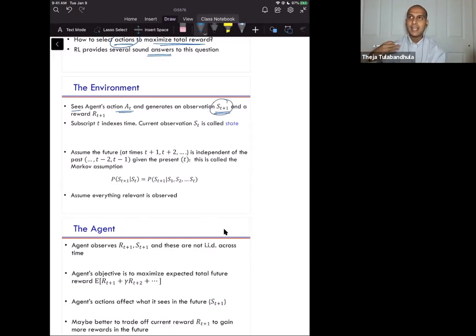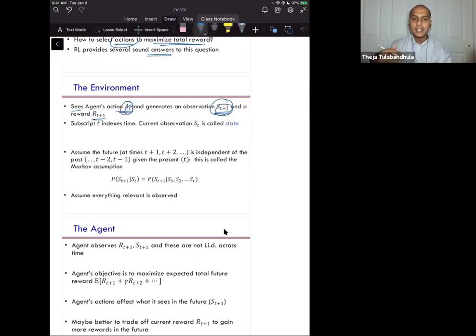Previously I had some state. Maybe I like music, and I saw a bunch of articles. Maybe I did not click on a music article. So maybe the new state is that my interests have moved from music to something else, maybe sports. The clicks would be some immediate rewards that I get. Pay attention to the time index. So A_t will generate a new observation S_{t+1}.